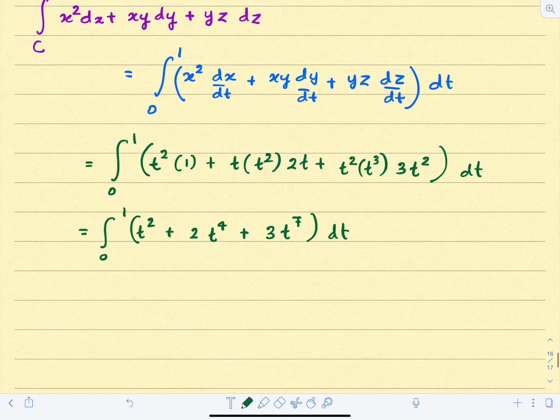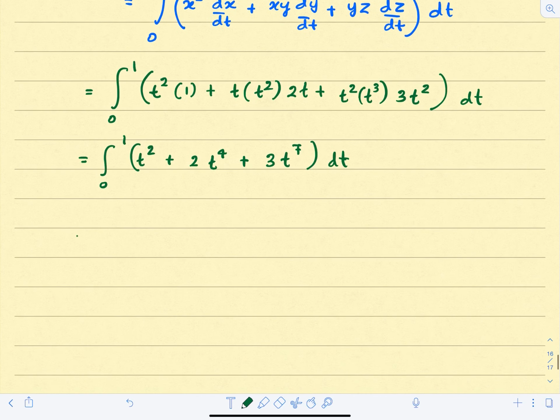Okay, now let's integrate this. We have t cubed over 3 plus 2 t to the power 5 over 5 plus 3 t to the power 8 over 8. Let's apply the limits.